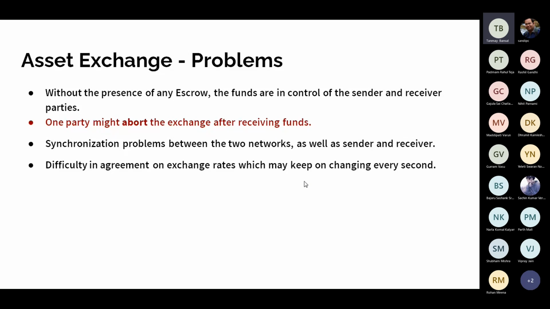There could be synchronization problems between the two networks as well as the sender and the receiver. And definitely there is need for some agreement on the exchange rates, whether one Bitcoin is 33 ethers or 34 ethers and so on. That needs to be kept in mind, and maybe all the transfers should take place within a very short window so that the exchange rate fluctuations will not have a major impact.